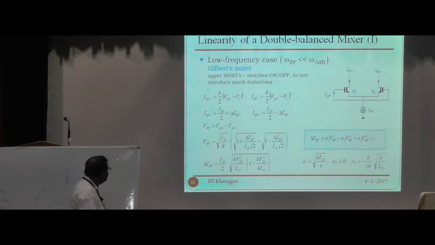We are still thinking that the current source is working as a current source, therefore a fixed current flows through it. If a small change delta IRF occurs in one of these, the other end will be equally reduced by minus delta IRF. So a constant current is flowing through this.